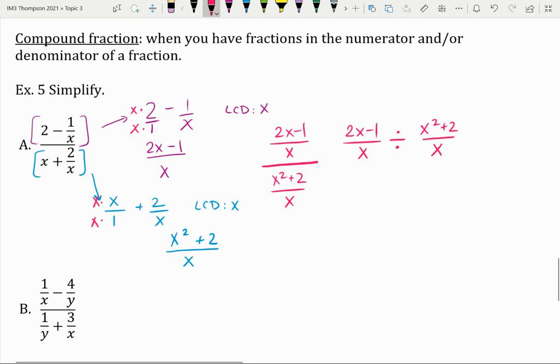And I don't want to divide by a fraction. So instead, I'm going to multiply by the reciprocal. So the left side is going to stay the same. And I'm going to change this to multiplication. And then take the reciprocal of the right-hand fraction.